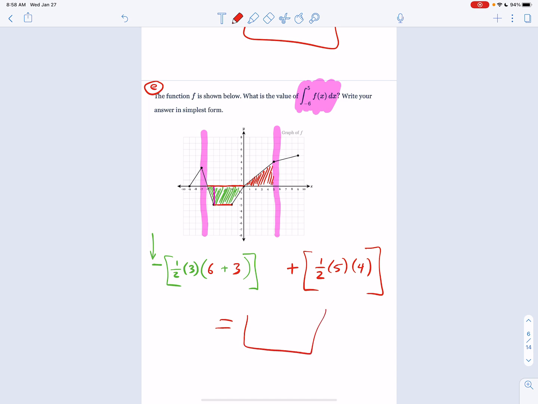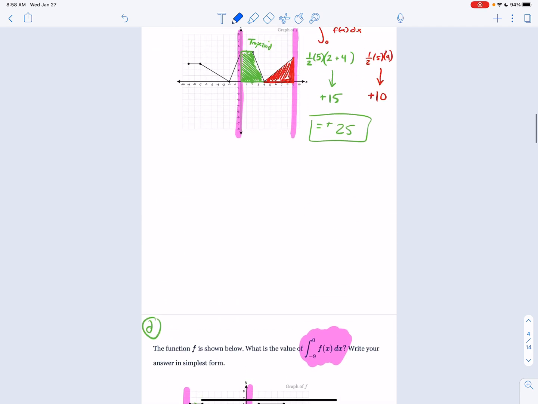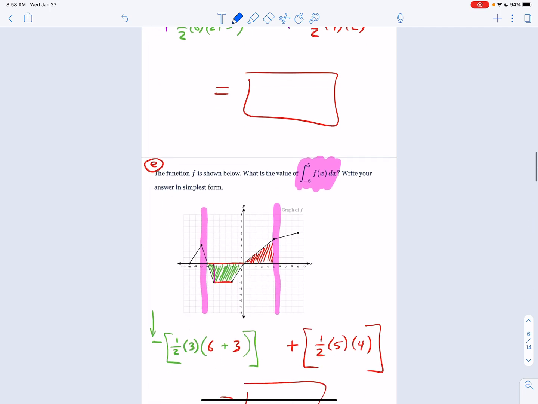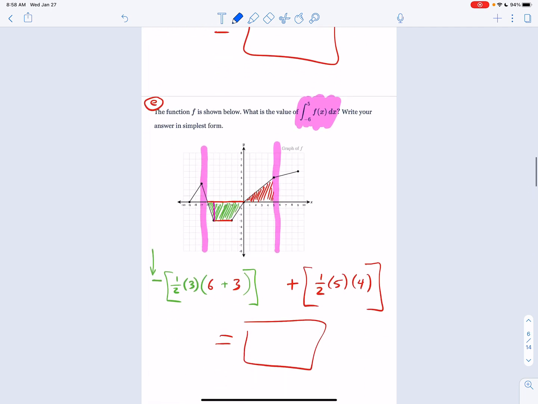But again, the answer is not what I'm worried about. It's just your setup, okay? On Delta Math, they'll ask you to go all the way through. Okay. So if you really think about it, it's like 3% calculus and 97% just geometry. Okay?